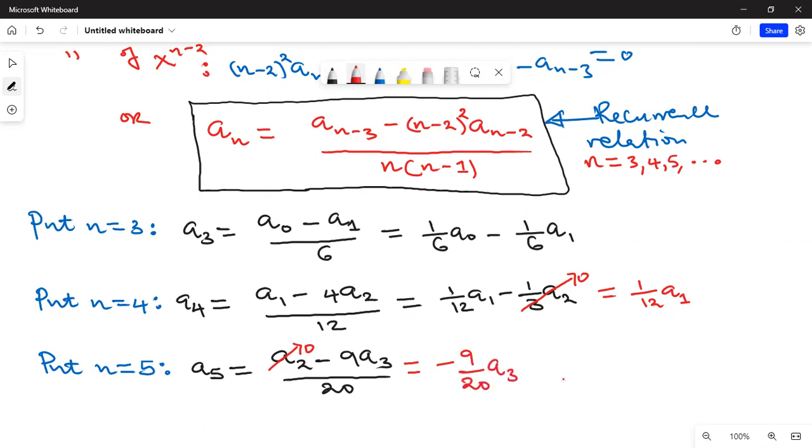But the question is, what is a3? We have the value here. So we replace it by what we got here. So that's the same as negative 9 over 20 times 1 over 6 a0 minus 1 over 6 a1. So what do we get? Let's work it out.